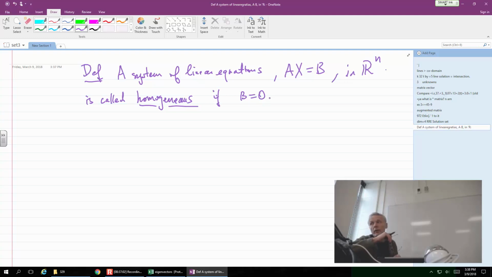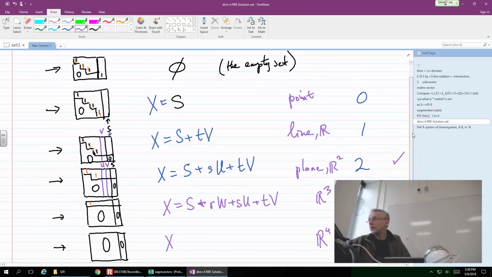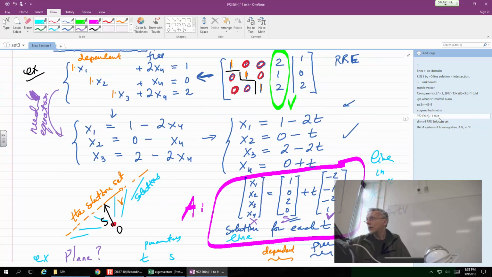And the importance or non-importance of B is here: once you put the coefficient matrix in the reduced row echelon form, the vector S is what's left of B. You see that vector S over there.